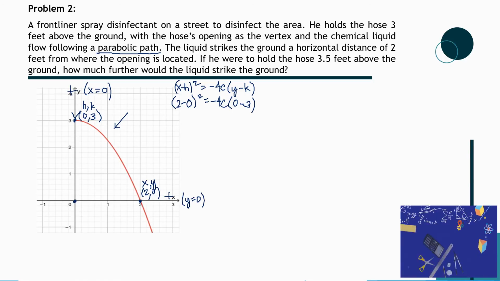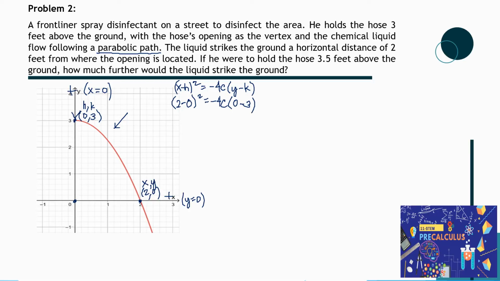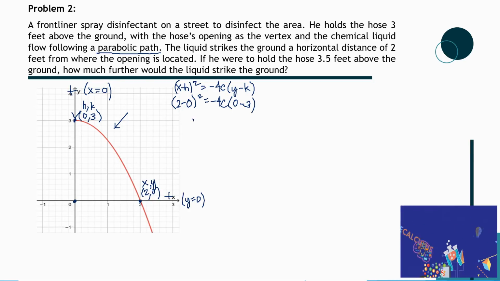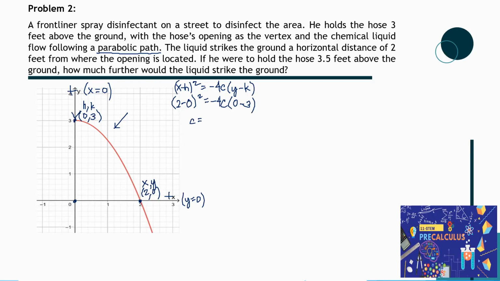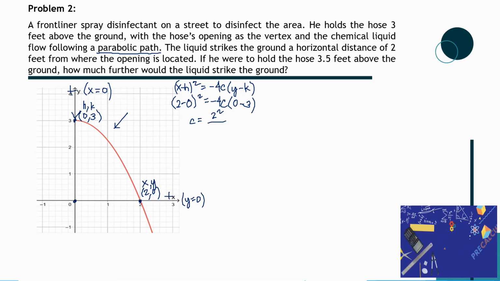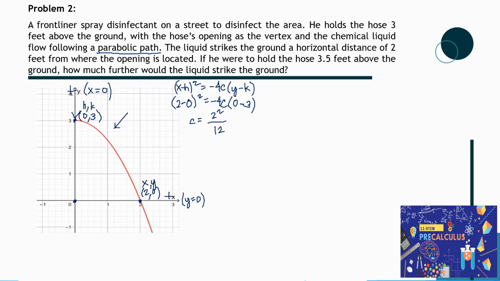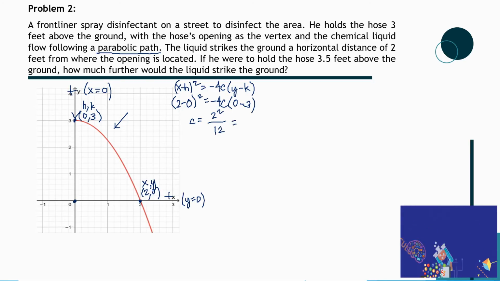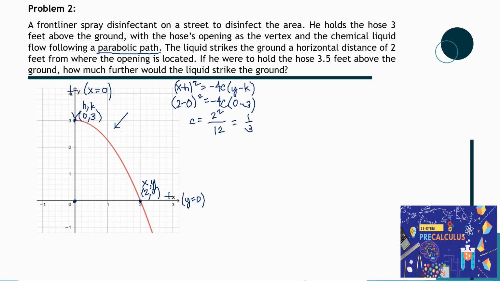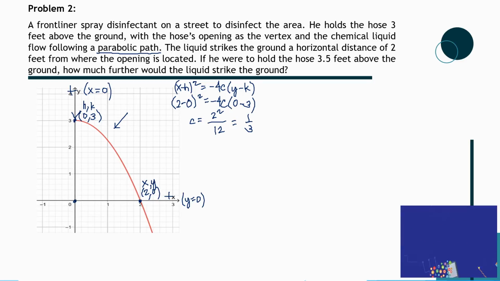Simplifying and solving for the value of c, we have c is equal to 2² all over negative 4 times negative 3, which is 12. So this simplifies to 1/3. So let's substitute now the values that we know to derive the equation of the parabola.